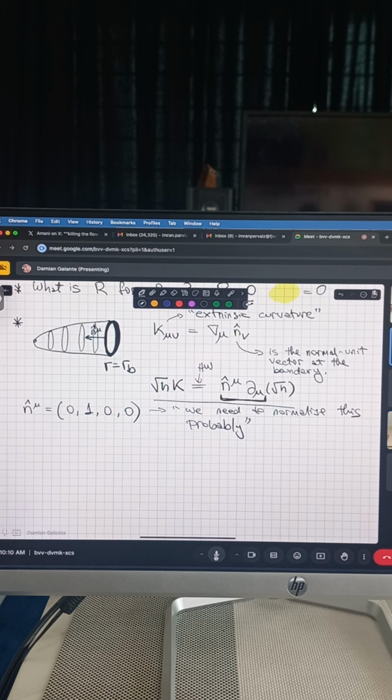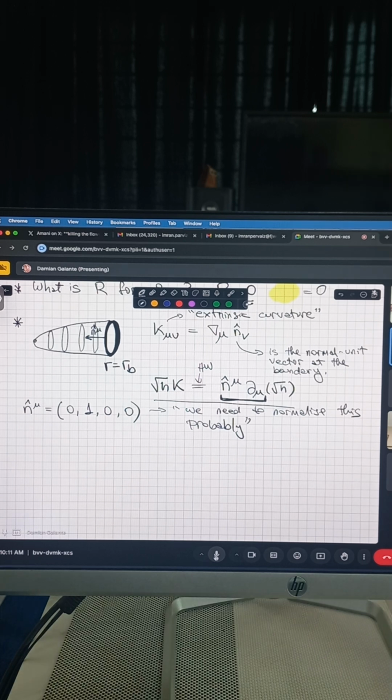I'm asking, you said the extrinsic curvature is basically the covariant derivative of the normal vector. If I take the derivative of the normal vector with respect to 4 different coordinates like r, t, theta, and phi, for a Schwarzschild black hole, I'm expecting that the only derivative that will be non-zero will be with respect to angular coordinates, right?